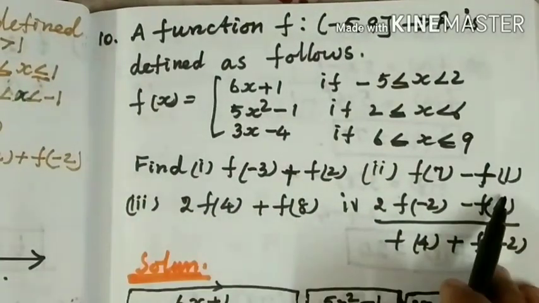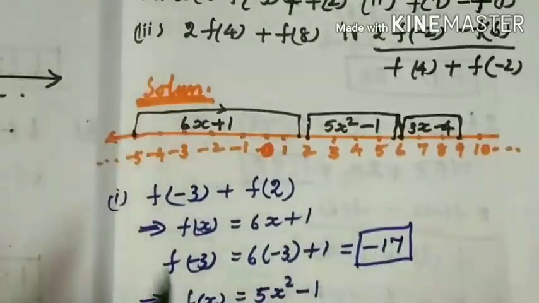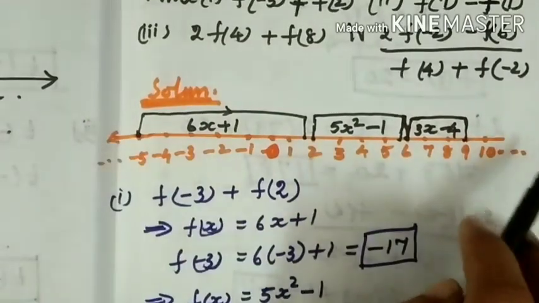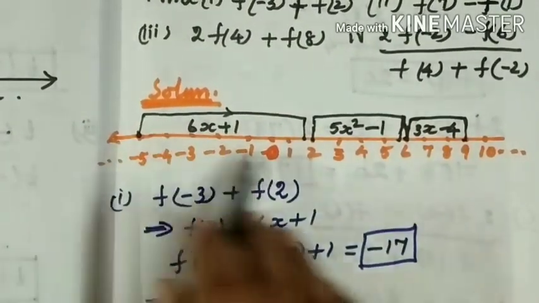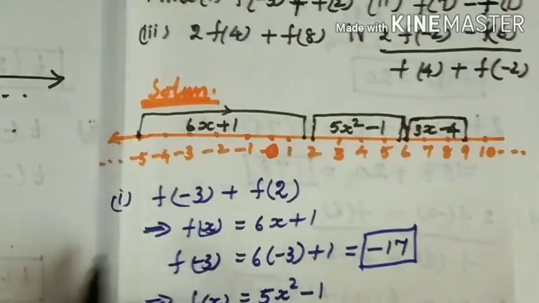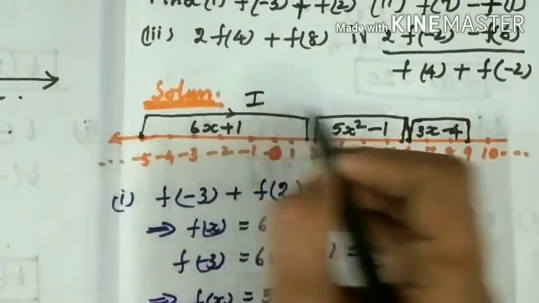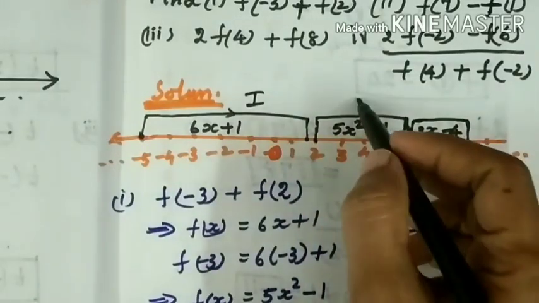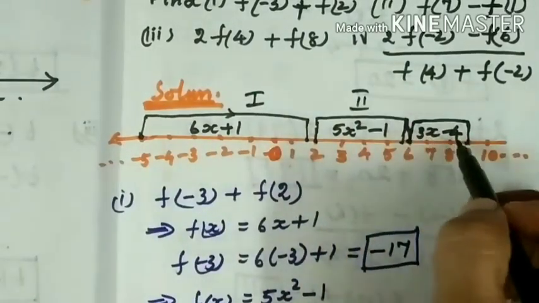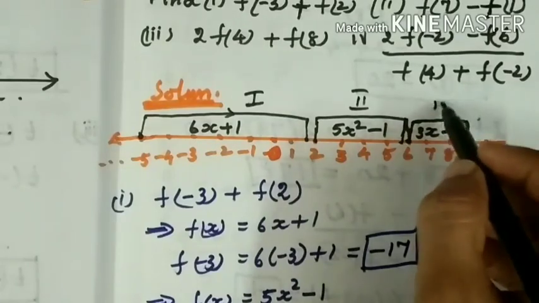Find the values of the given subdivisions. In the solution, first you draw a number line and mark the given functions. That is 6x plus 1 lies in the first interval, 5x squared minus 1 in the second interval, 3x minus 4 in the third interval.